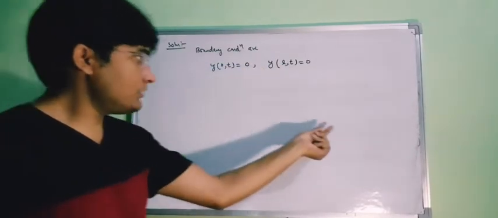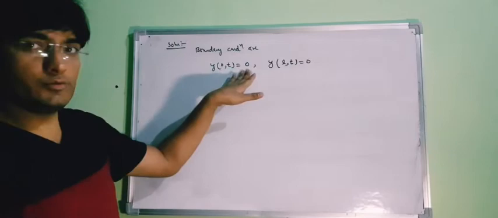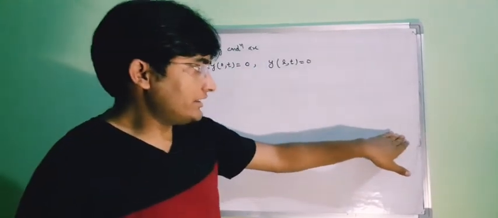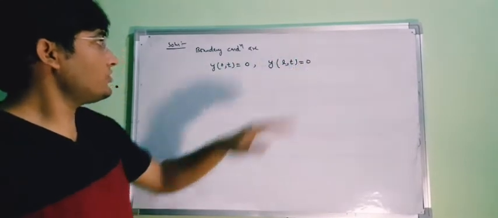So at the initial point, that means at origin, your y will be 0, and at the final point B, where the length of the string is L, your displacement is 0.